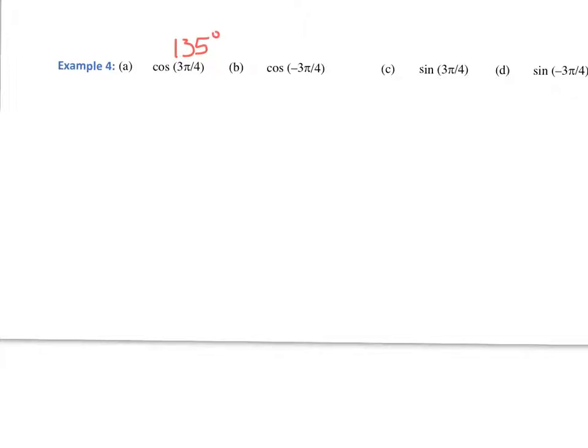So if you need that in order to draw your picture, okay, then do that, okay? So I've got 135 degrees is all the way out here. Okay, what's my reference angle going to be? 45 degrees. Okay, so I draw my right triangle, and now I got to go and label. The hypotenuse is equal to 1.